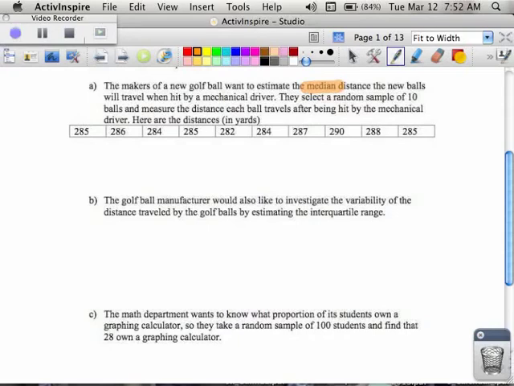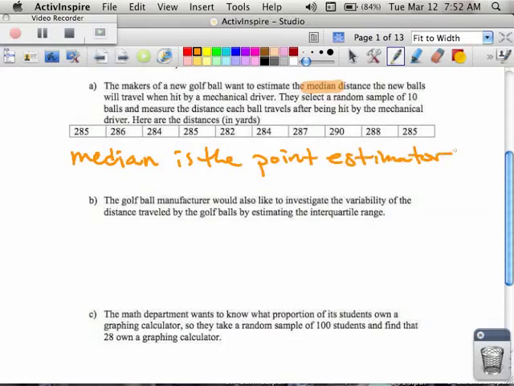The median, because they say median in the words. If you were to line these all up from small to big, I'm pretty sure you would find out that the median is 285. So that would be your point estimator. I think that's common sense: they talk about a median, so you're looking at a median.